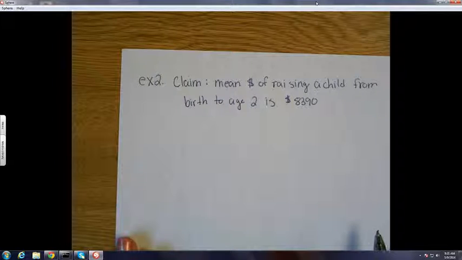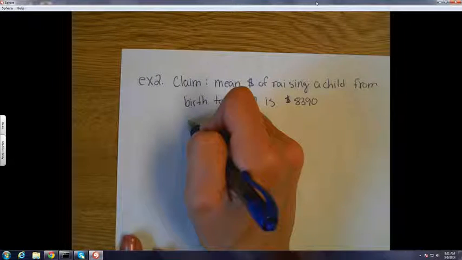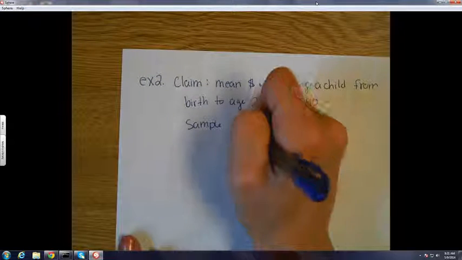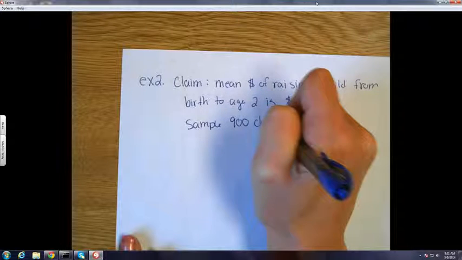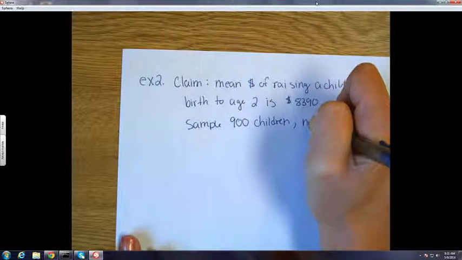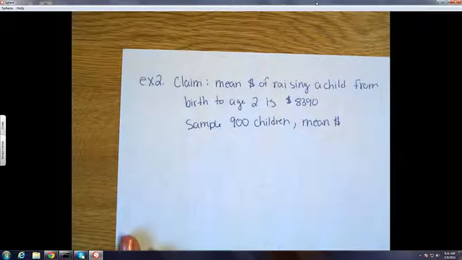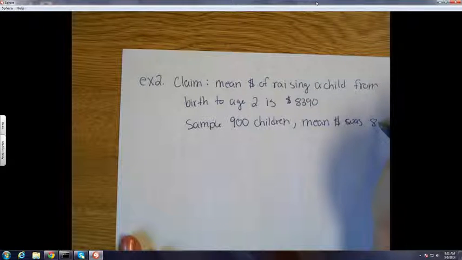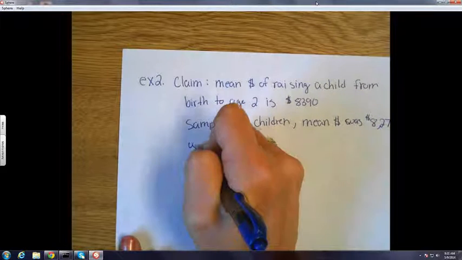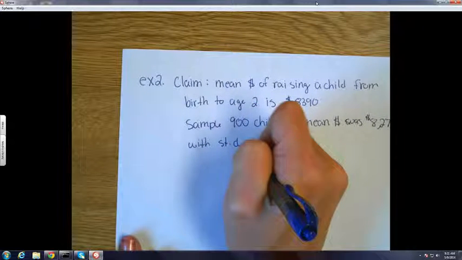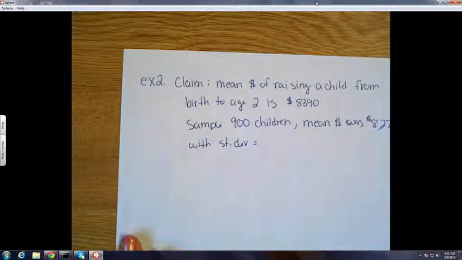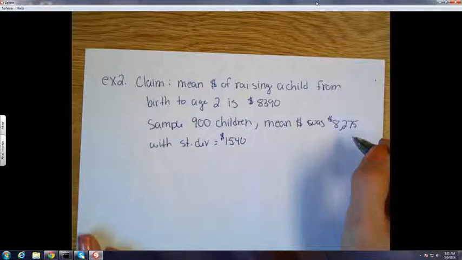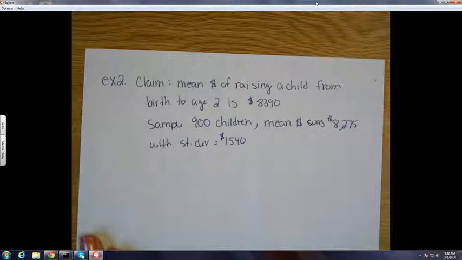We're going to take a sample of 900 children, which is a very large sample, and we find that the mean cost was $8,275, with a standard deviation of $1,540. And we're going to test this at 5%.